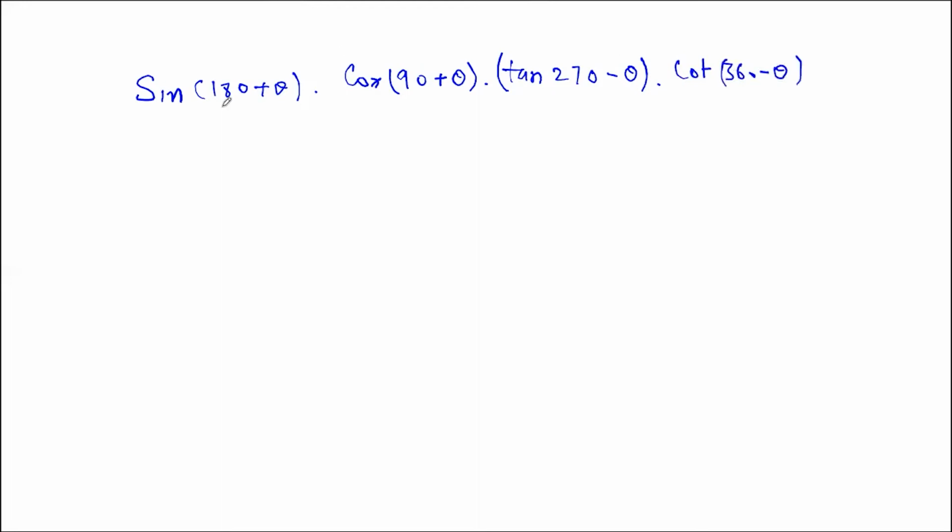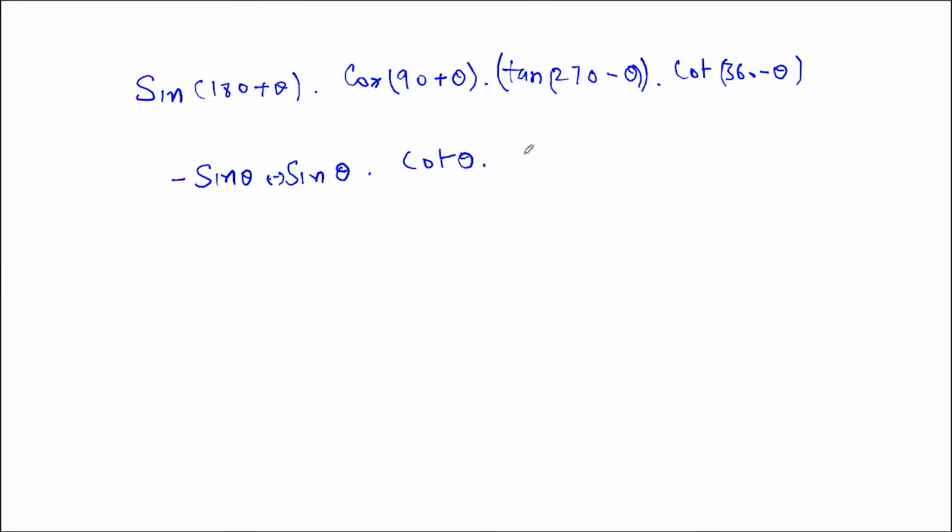So we know that sine 180 plus theta is in the third quadrant, so this will be sine only with a negative sign, so minus sine theta, into cos 90 plus theta. We know that 90 plus theta is in the second quadrant and will change to sine only. This is sine theta, but in the second quadrant again a minus sign is coming, right? Into tan 270 minus theta. 270 minus theta is third quadrant, so cot theta, and in the third quadrant tan is always positive.